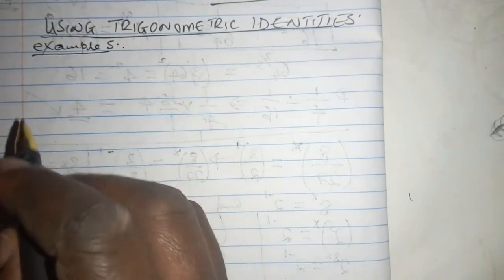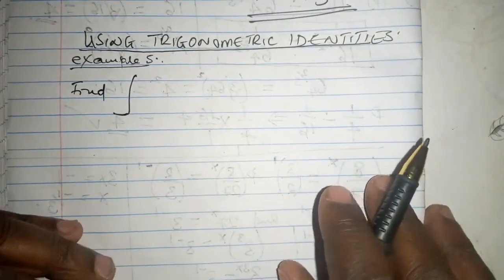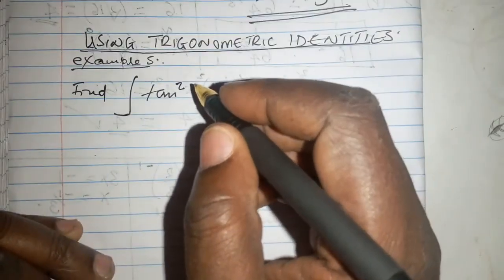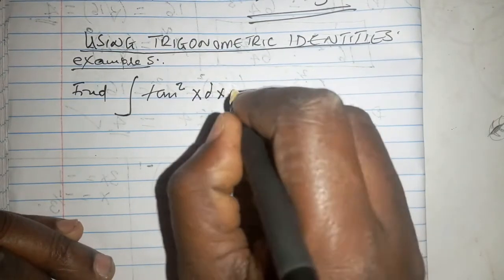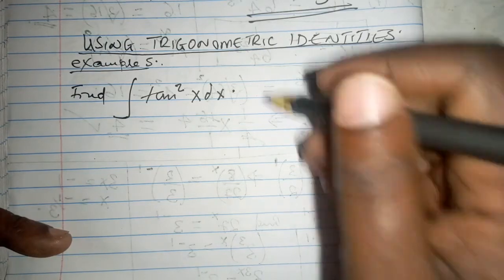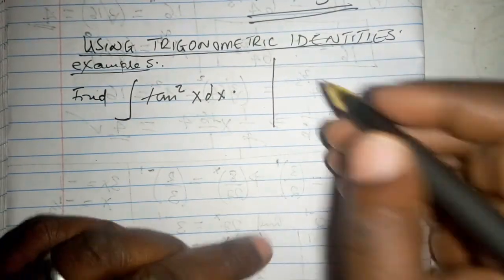In example 5, we are asked to find the integral of tan squared x with respect to x. You realize that there is no way we can integrate tan squared directly. But if you look at tan squared x, it can be rewritten using identities.